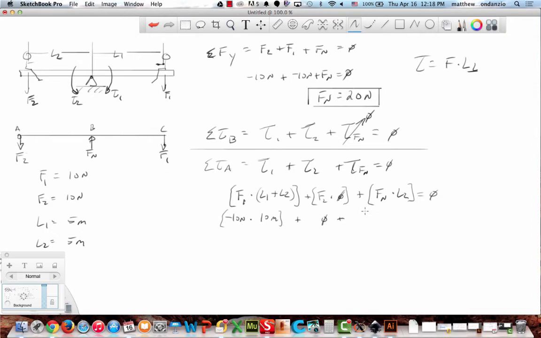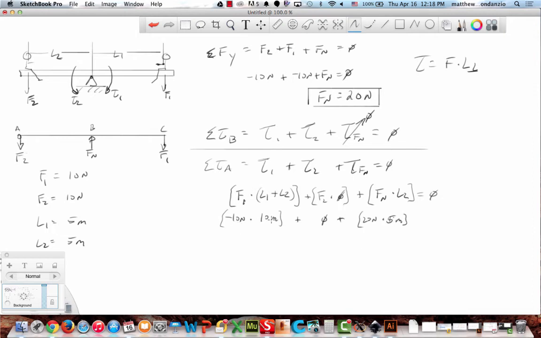And Fn, do we know the value for Fn? 20. Is it positive or negative? It's pointing up, so it's positive. So it's 20 newtons times what's L2? What's the distance between the normal force and point A? 5 meters. Is it positive or negative? Positive, because it's to the right of the new point. So let's calculate it out.